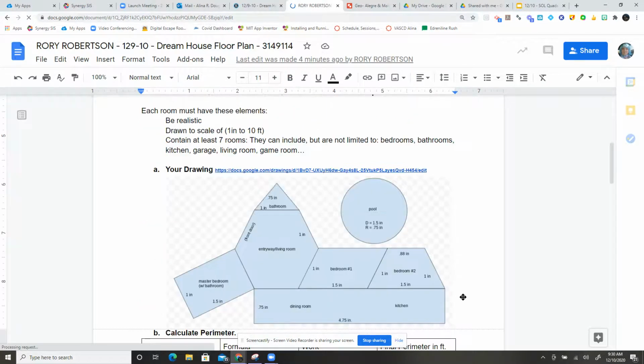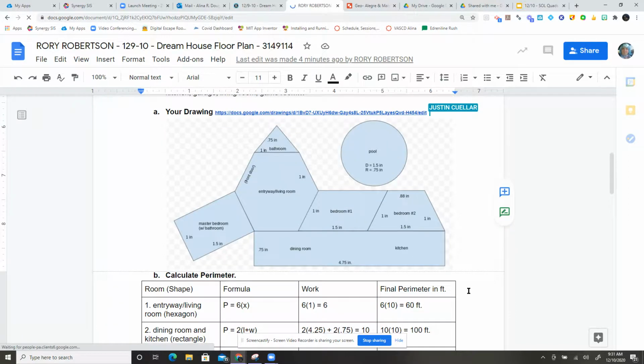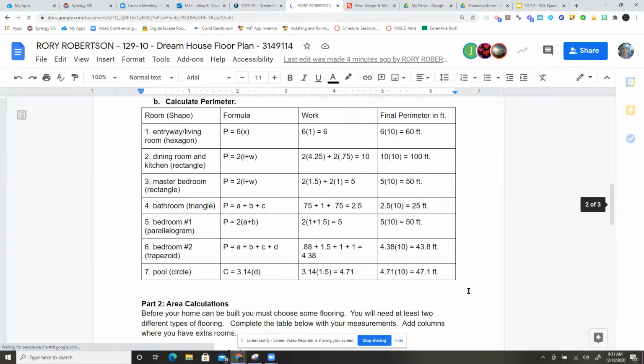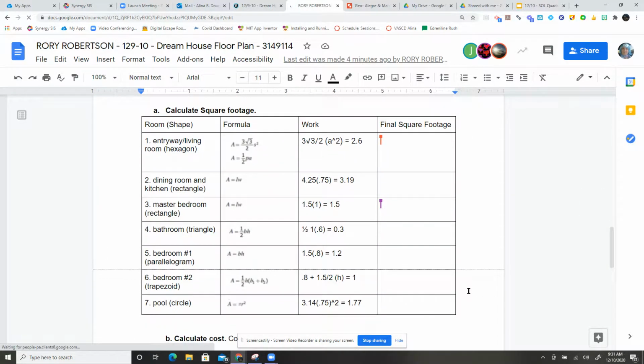So in order to do, like, let's just use the entryway living room for an example. So the final square footage: because you got 2.6 square feet for the scale drawing, you need to multiply that by 10 squared in order to get the area. Because your 3 would be multiplied by 10 and your 2 would be multiplied by 10.